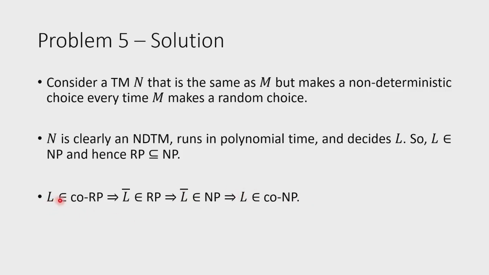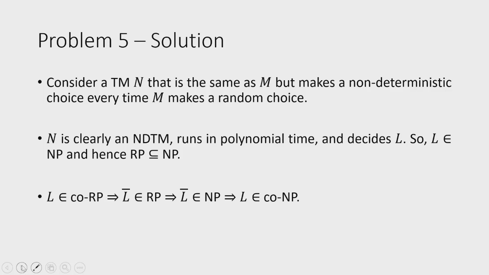So L in co-RP implies L in co-NP, and so co-RP is contained in co-NP. When we take the complement, what is the universe of discourse here? 0,1 star, the set of all strings. That is generally almost always the case, right? So this is fine.